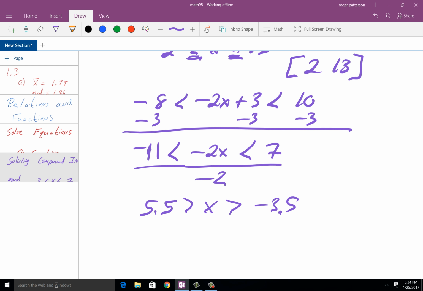It is better if you write it so that the negative number or the smallest number is first. Again, it wouldn't be something that I would say is wrong, but it's more proper to do it that way.